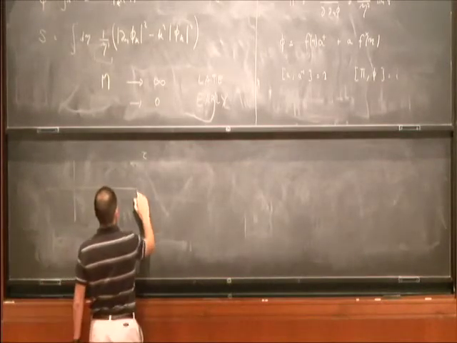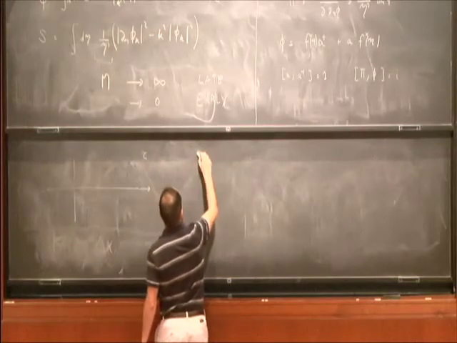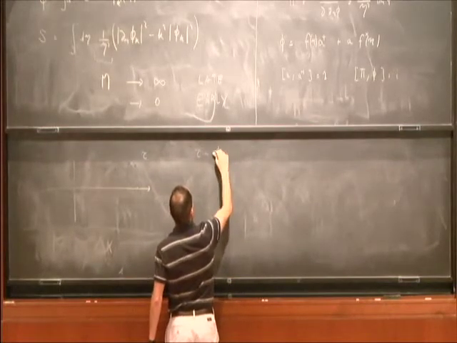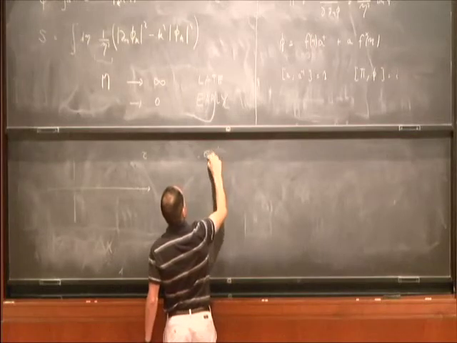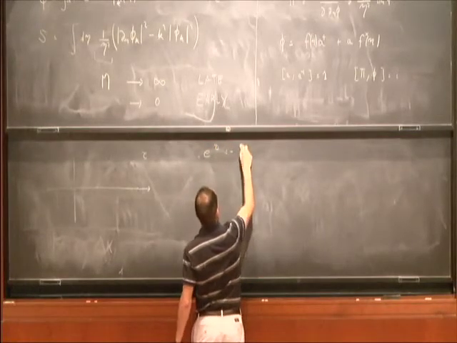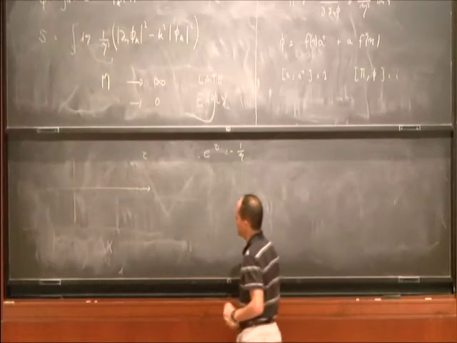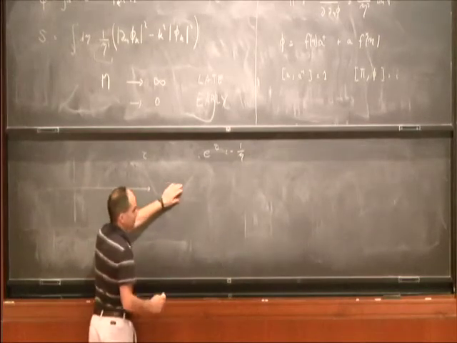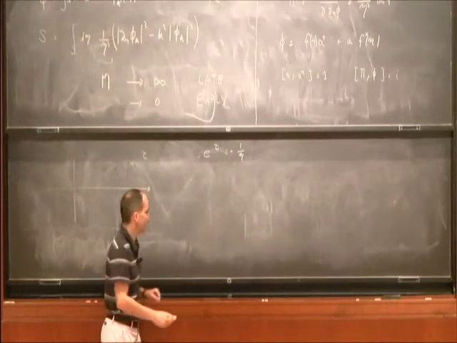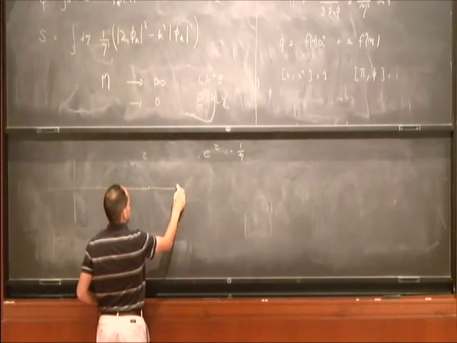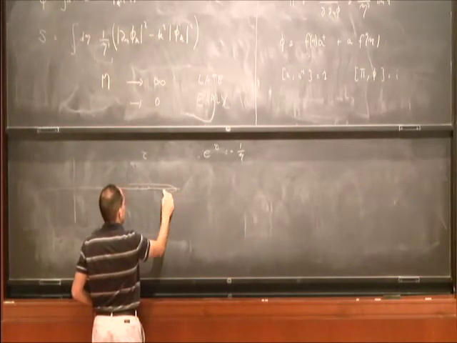For very large tau, e to the tau is minus 1 over eta. This is the same formula that Lenny wrote. So for very large tau, we'll have a contour very similar to that one. We are doing some calculation here. We'll have to come here from somewhere and go back to somewhere.